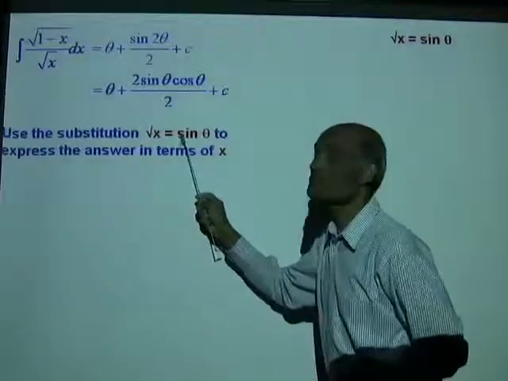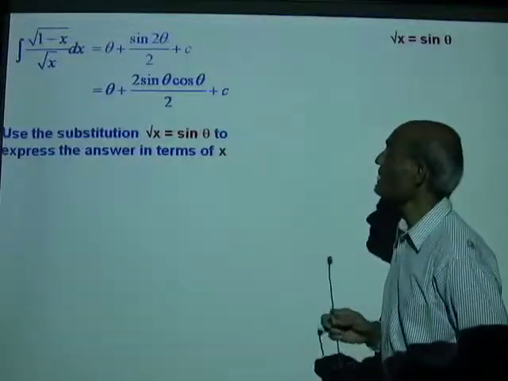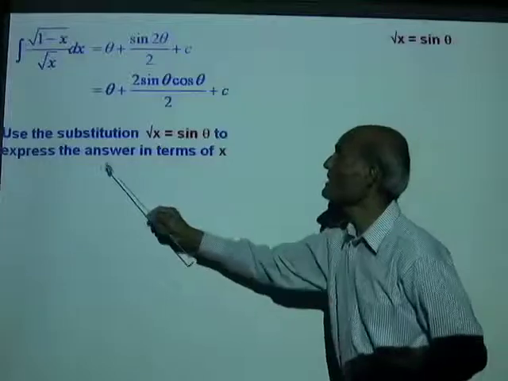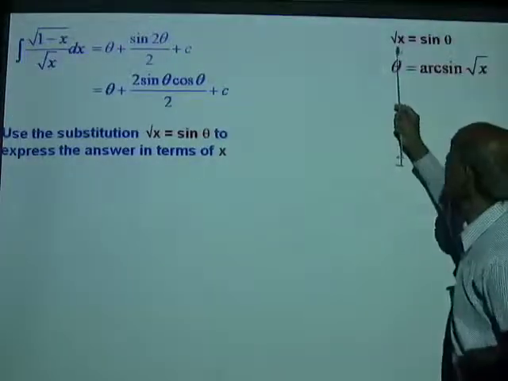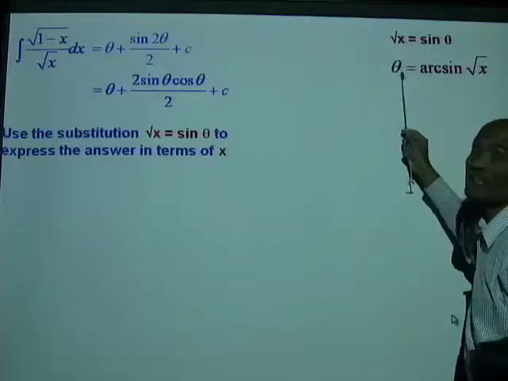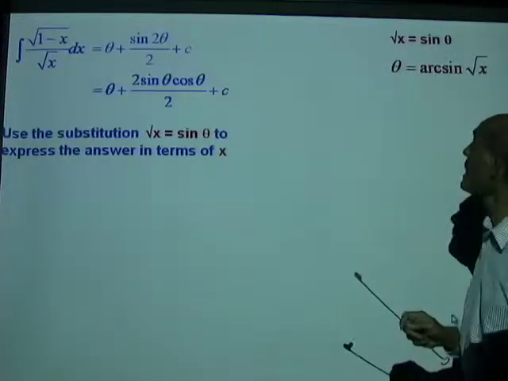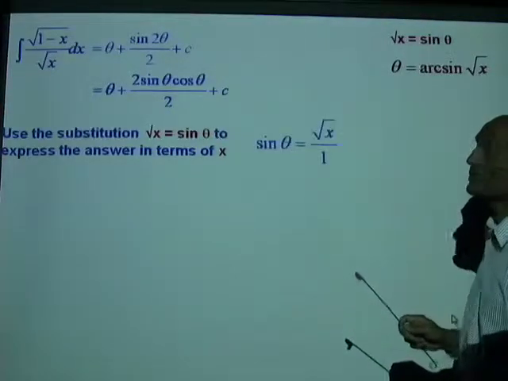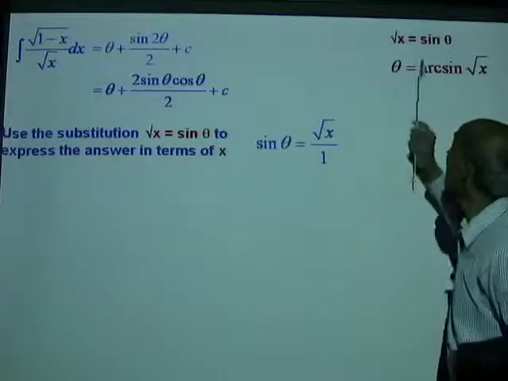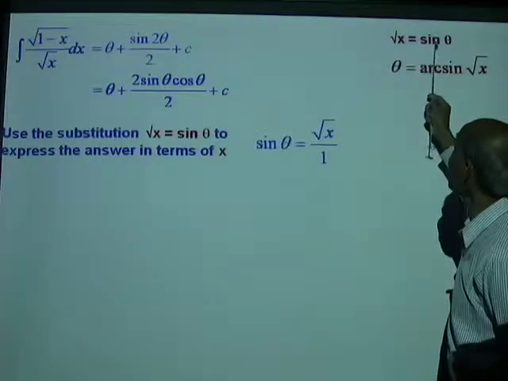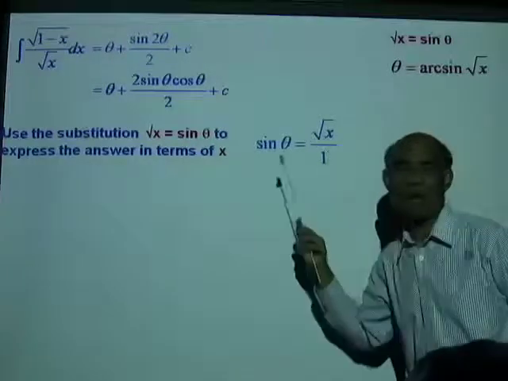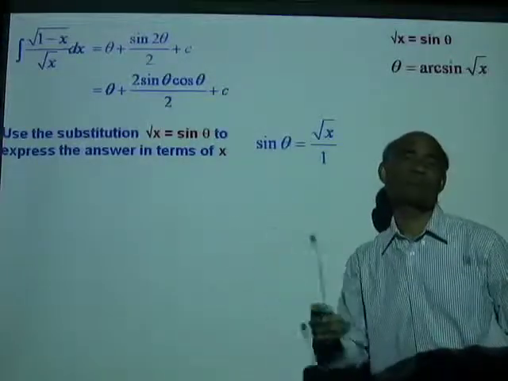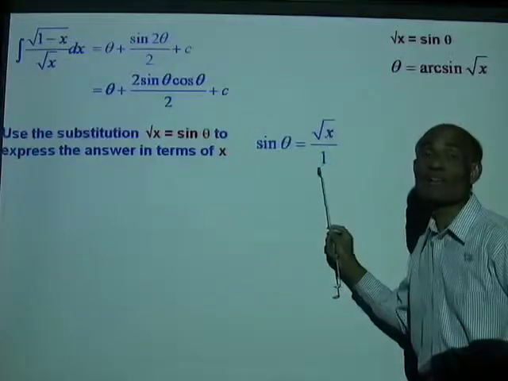So use the substitution square root x equals sine theta to express the answer in terms of x. Because square root x equals sine theta, theta equals arc sine of square root x. And also we write sine theta equals square root x divided by 1. Well, anything can be divided by 1. Why did we write it like this?